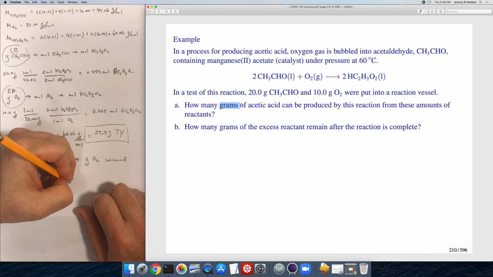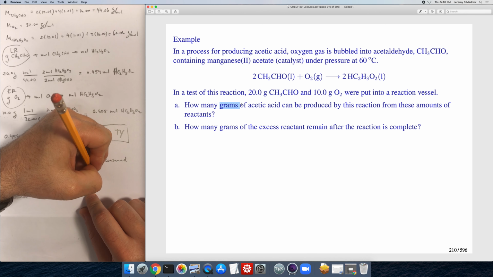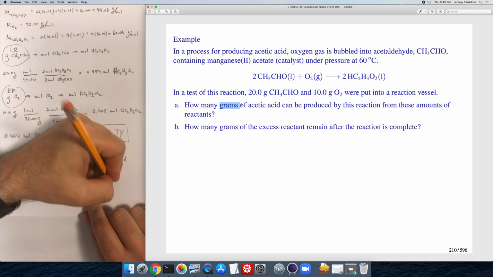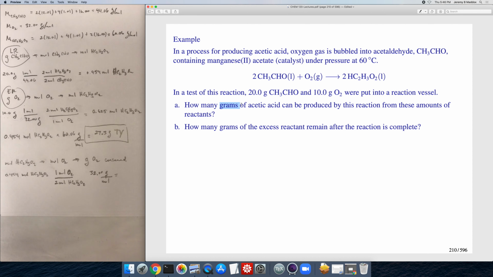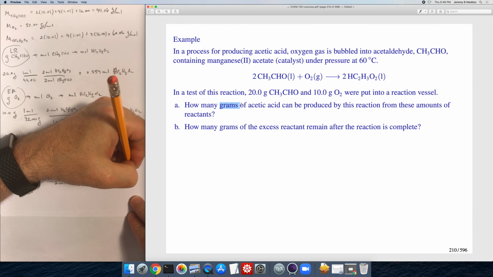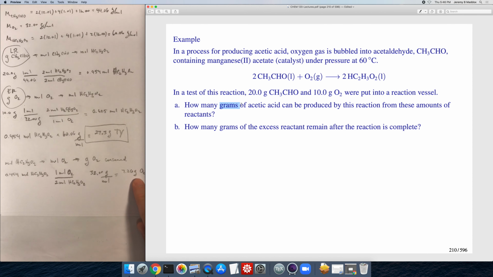And then to get the grams of oxygen that were consumed, we multiply by the molar mass of oxygen. And that gives us 7.26 grams of O2. Keep in mind, that's the amount that was consumed.